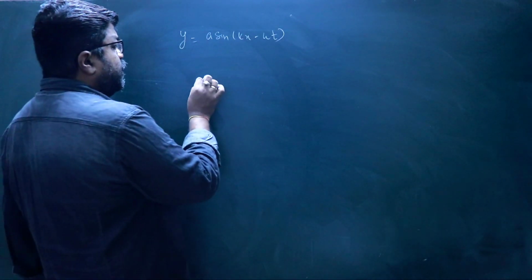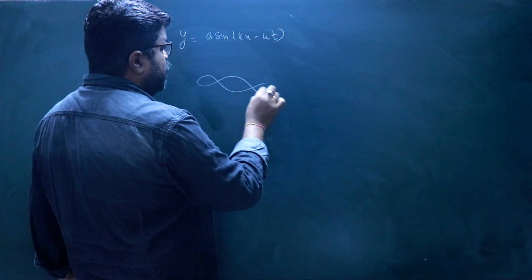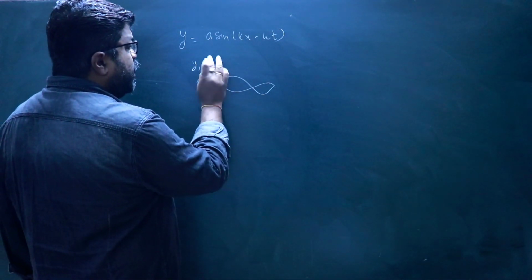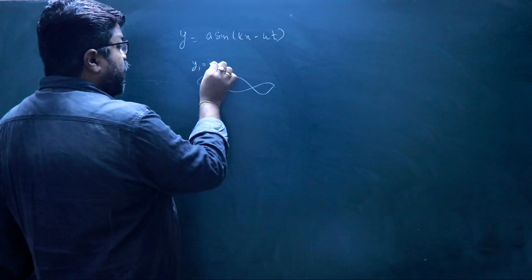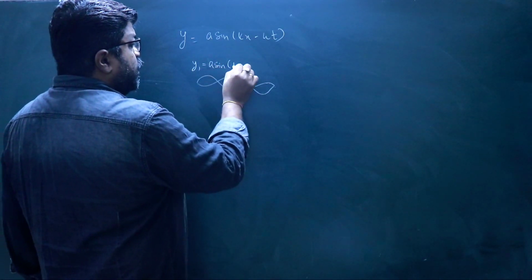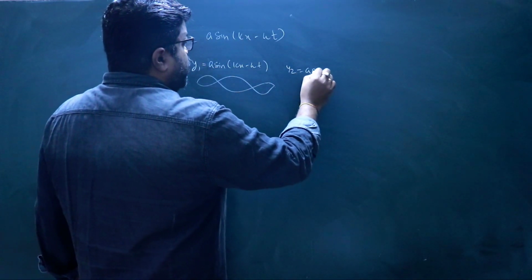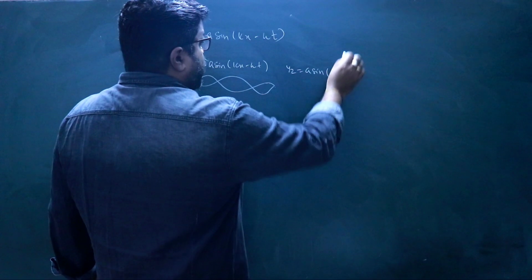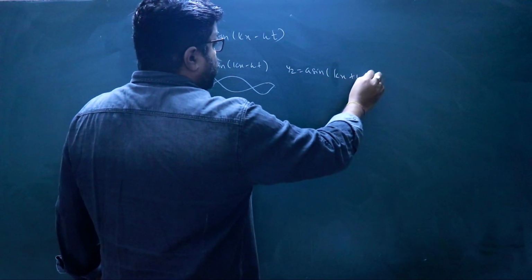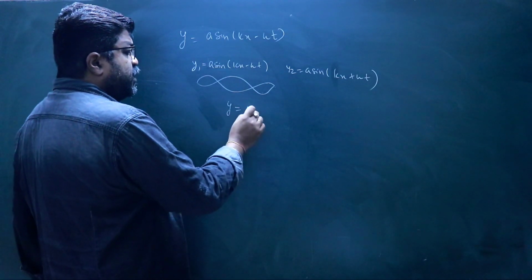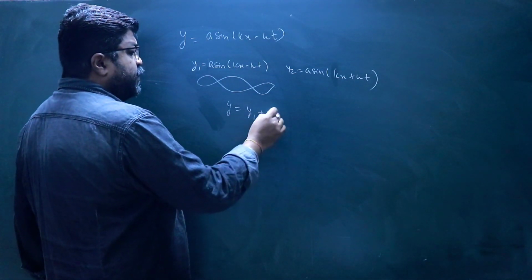But a stationary wave is formed due to superposition of two identical waves traveling in opposite directions. So we have y1 equal to a sine (kx minus omega t) and y2 equal to a sine (kx plus omega t). On superposition the resultant wave is y equal to y1 plus y2.